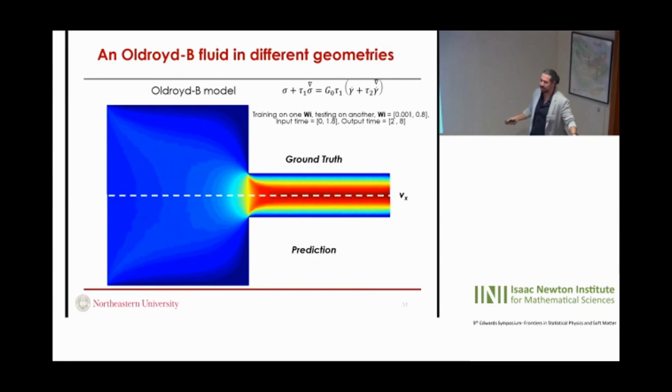On bottom, these are transformer predictions of an Oldroyd-B fluid, where the training was done on one Weissenberg number, and what you're seeing here was not observed during the training. So you can build these scientific solutions of any complex fluid in any given geometry, and you can learn using these transformers and predict the behavior scientifically correct for a different unobserved Weissenberg number.